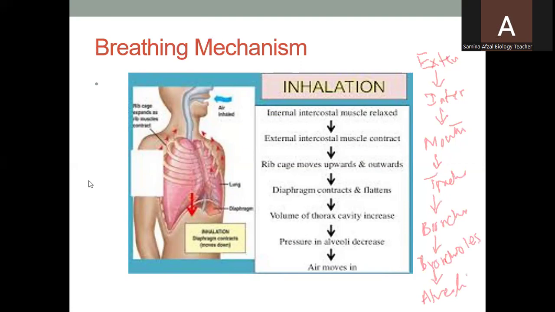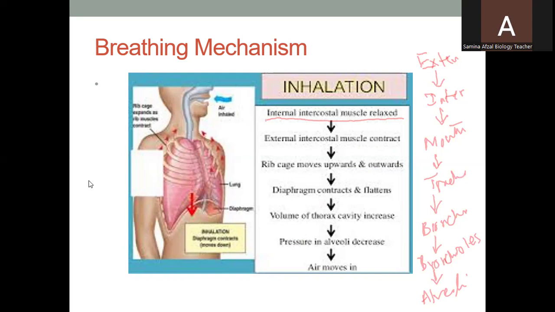So when air enters into the respiratory tract, what happens with the intercostal muscles? Intercostal muscles are a set of muscles in which one set contracts while, at the same time, the other set relaxes.